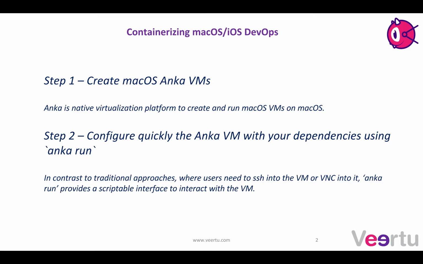After you've installed the Enka application package, create your macOS Enka VM. Then configure your application or project specific dependencies in that Enka VM. Unlike working with traditional virtual environments, Enka VM provides a container-like interface to execute commands inside the VM with the Enka run command.